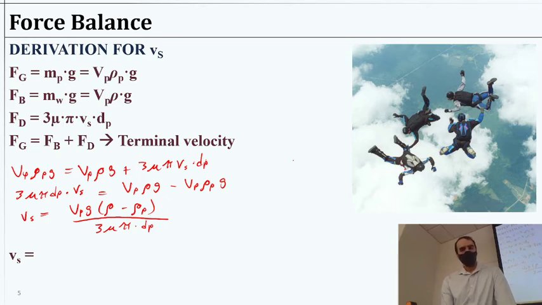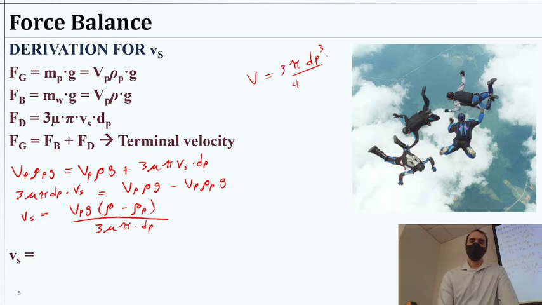Okay, so assuming we have a spherical particle, what is the volume of a sphere? If it's r, then it's 4/3 pi r cubed.